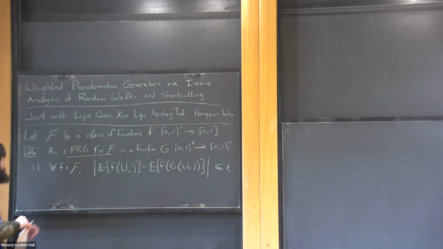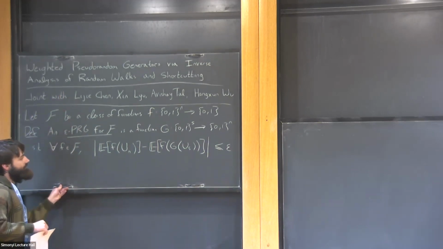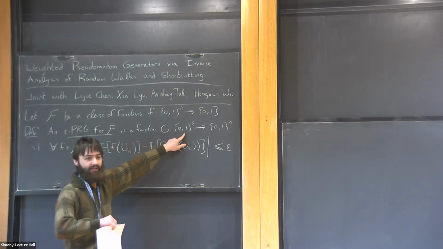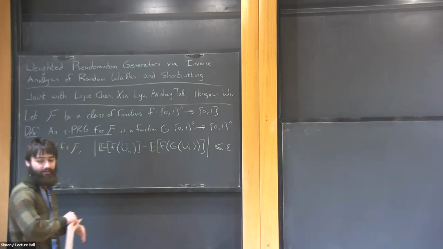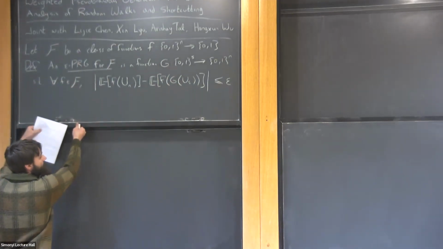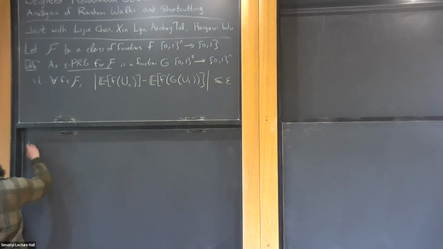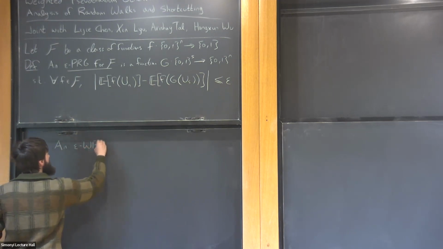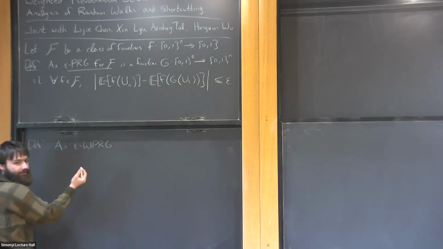Okay, good. The twist now with this weighted pseudorandom generator is that in addition to this function g, we're also going to have a weight function that assigns real valued weights to each seed of the generator. We call it a WPRG.